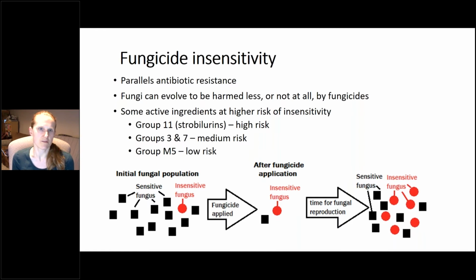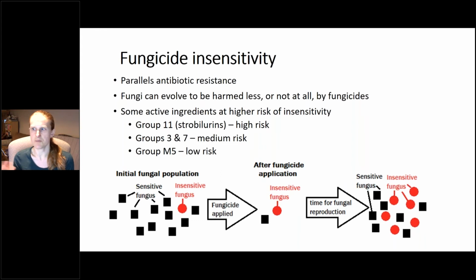There's likely to be less pathogen overall, which is great for disease management, but a greater proportion of them will be insensitive. And then you allow some time, and the fungus will naturally continue to reproduce, more so if the environment is favorable. And then the proportion continues to be a higher level of insensitive in the population.